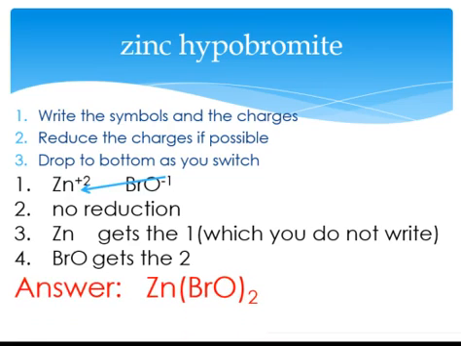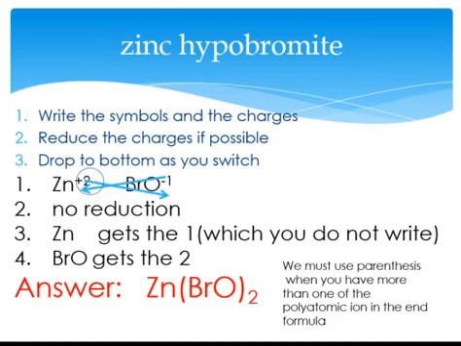This must be in parentheses. Even though 2 looks like a normal number that you could have on an O, please keep in mind if the 2 was on the O, that would look more like bromite, not hypobromite. You must use parentheses when you have more than one polyatomic in the formula.